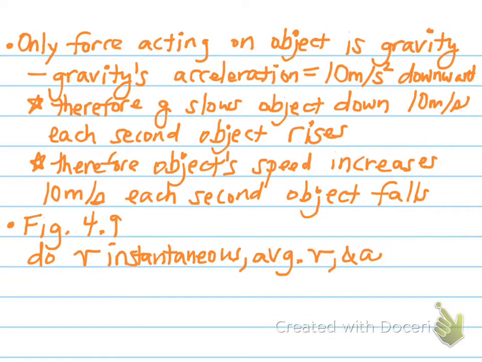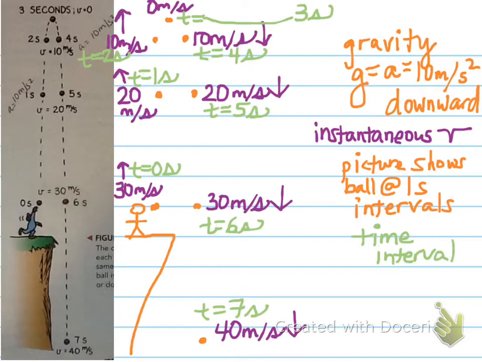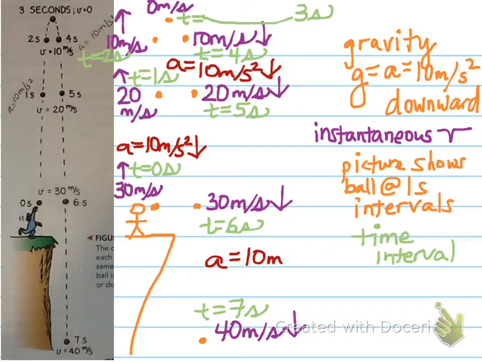So remember, I said I wanted to look at our instantaneous velocity, which we have, our average velocity and our acceleration. Let's look at acceleration next. What's the only thing that's acting on this object, the only force? Gravity. So the acceleration here is 10 meters per second squared, and it's down. Acceleration everywhere here is 10 meters per second squared, downward.